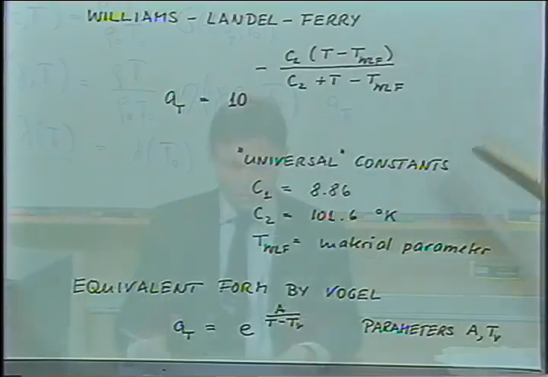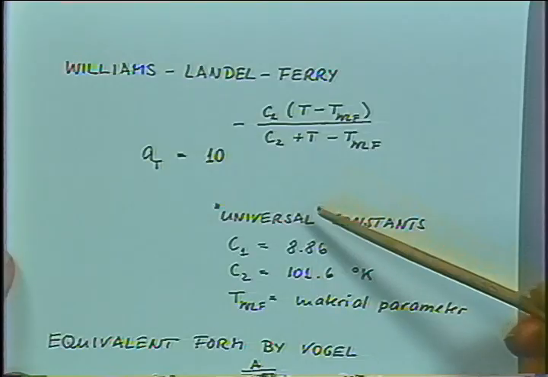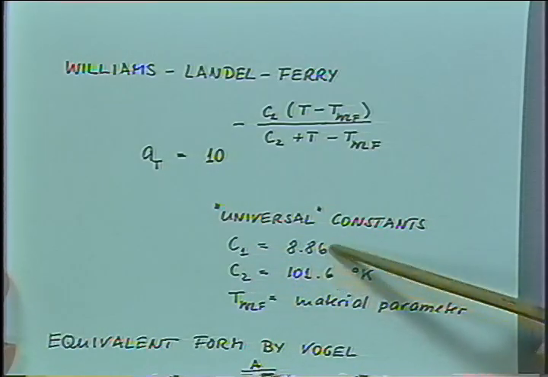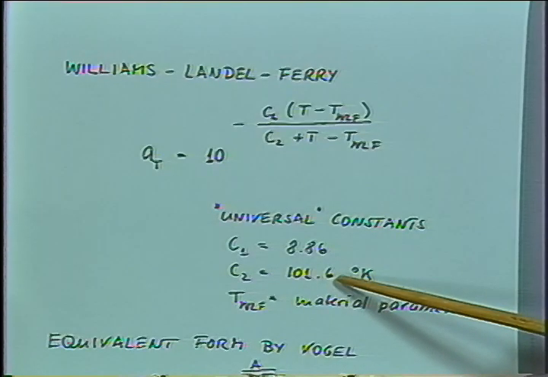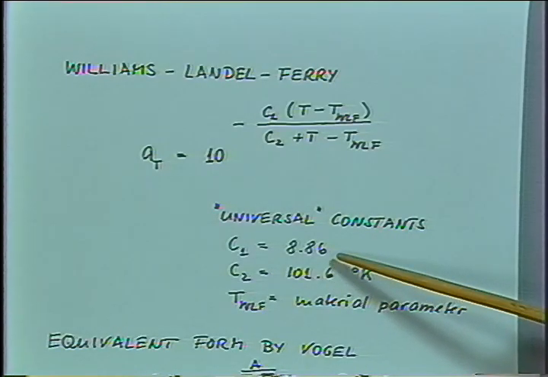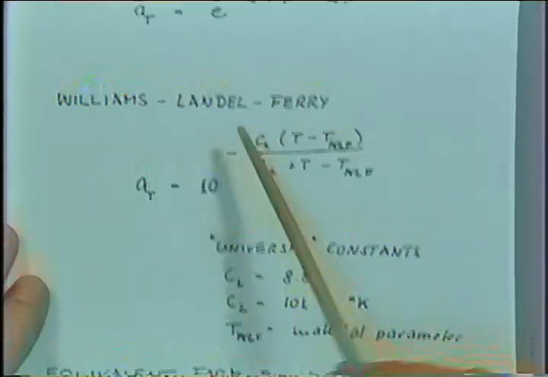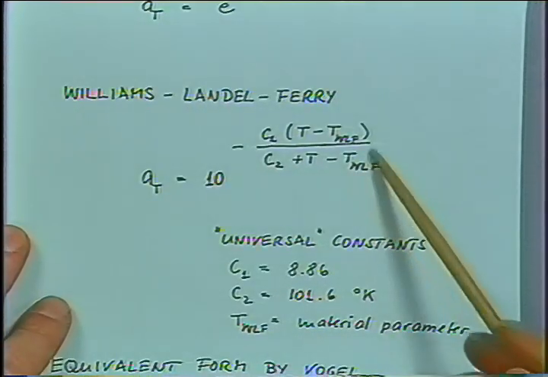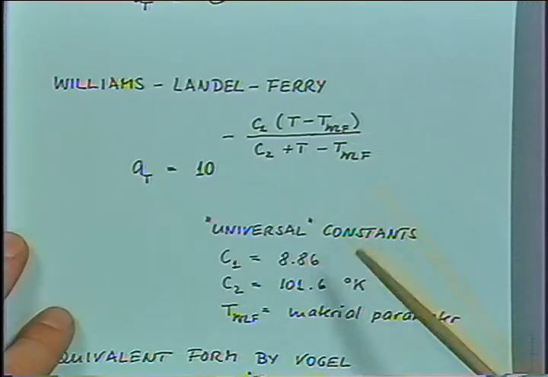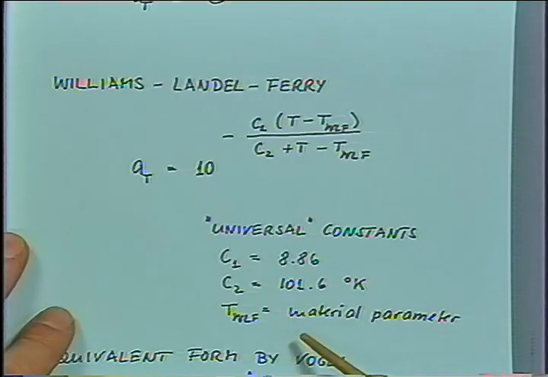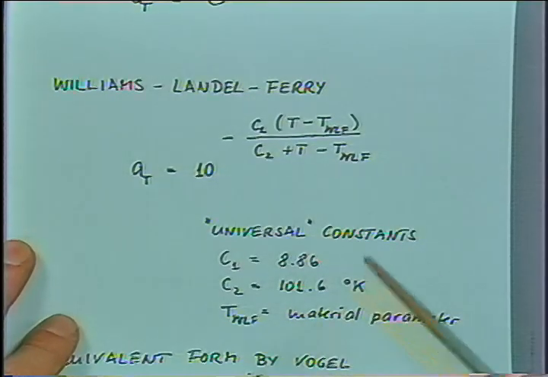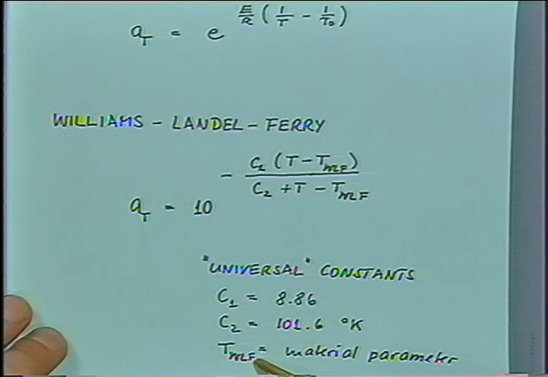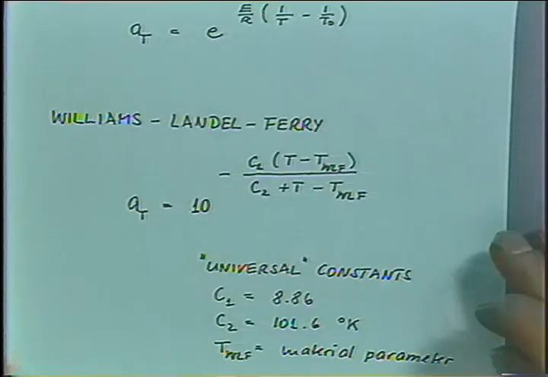For instance, in the WLF equation, the constants C1, C2 are pretty much constant for a large variety of polymer melts. So we could call them universal constants. Well, that was the proposal of WLF. And this parameter here, this WLF temperature, is close to the glass transition temperature of the system. Okay, so those would be the material parameters.